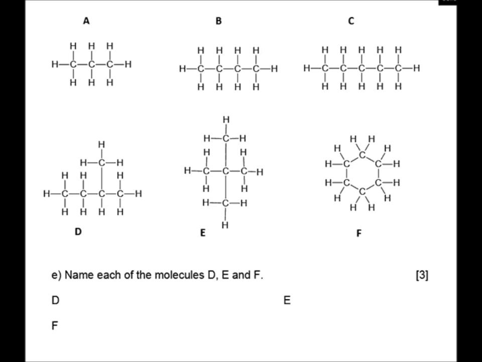And lastly, for question 1, you have to name molecules D, E and F. Molecule D, as you can see, has the longest chain of 1, 2, 3, 4 carbons, so we know that it's going to be butane. You can also see there's a methyl group attached, so the name's going to be methyl butane.